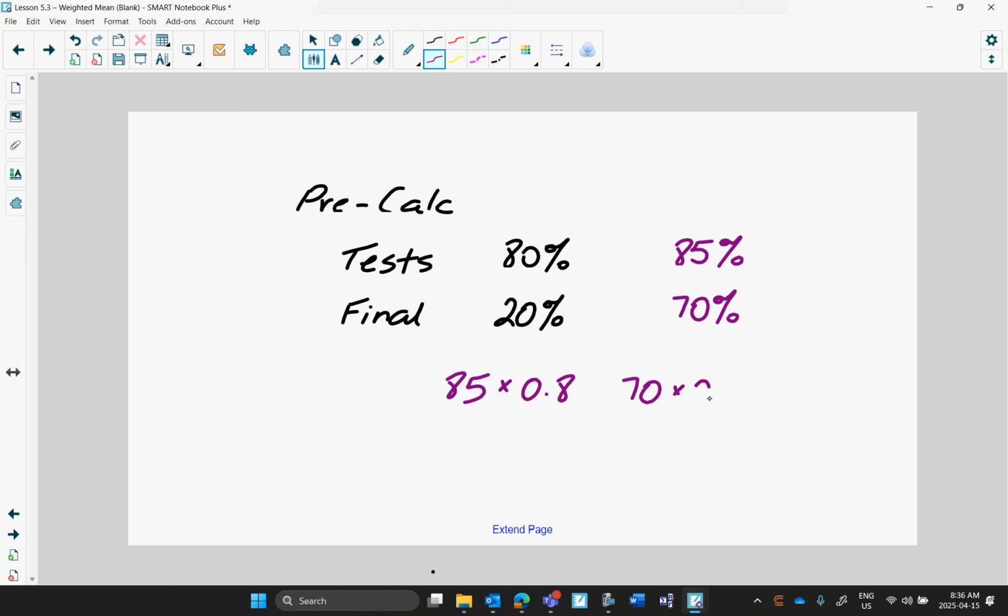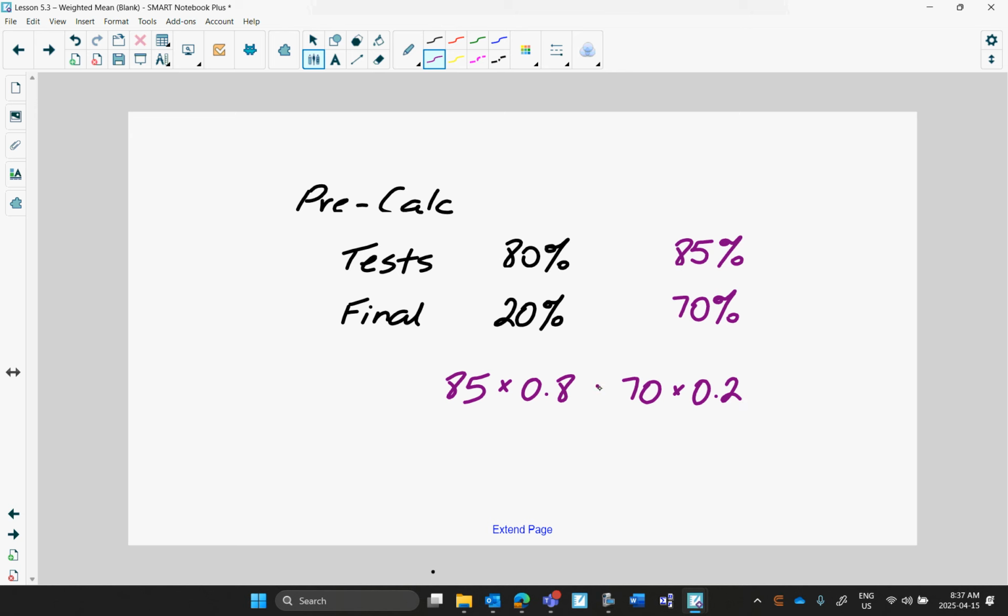So we want to find how much is 20% of 70. And that's going to work out to be 14. That means out of 20 marks that your final exam would be worth, you got 14.